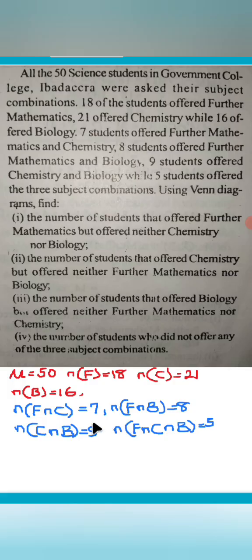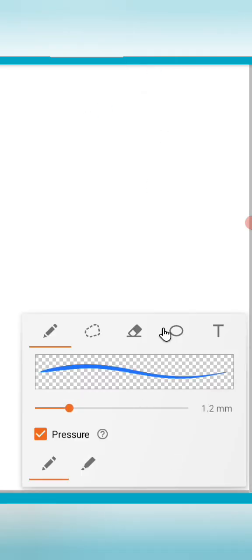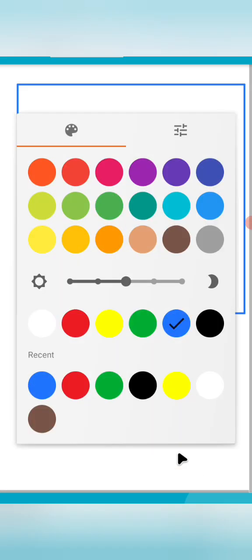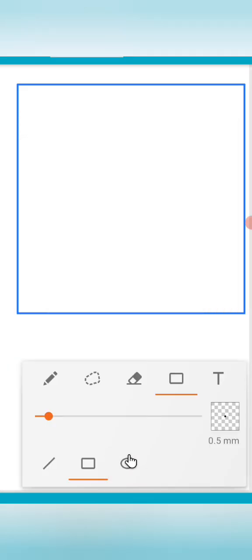So let's draw a Venn diagram for this problem first. Since we have three things we are considering here, we are going to have 3 circles in our Venn diagram. For it to be clear, let's just use a different color for the circles.